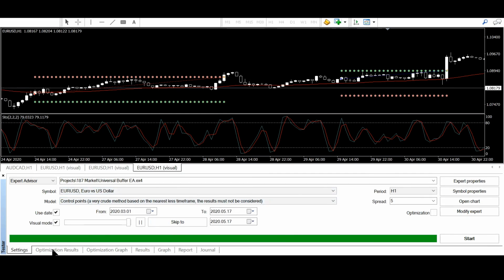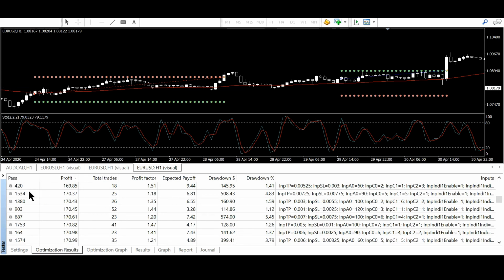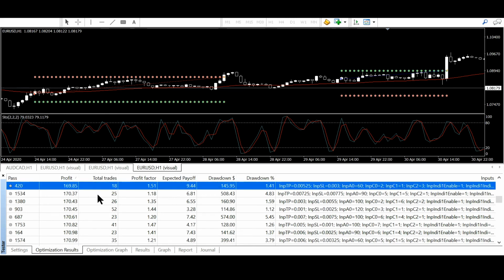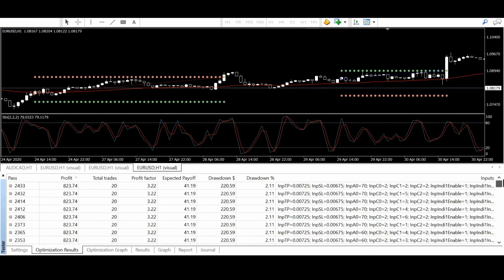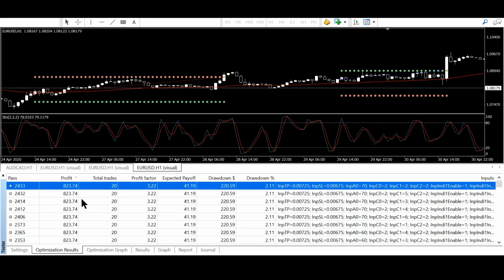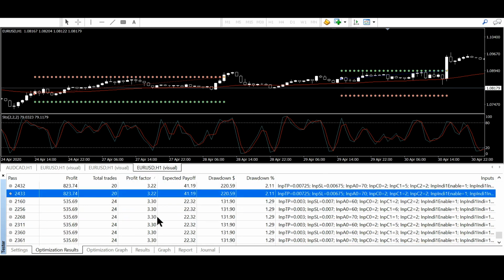Let us go to the optimization results, and here we can maximize the profit, for example. These are the inputs with the biggest profit, but we can also maximize the profit factor.